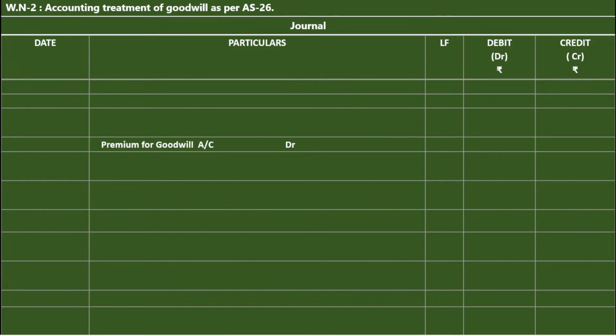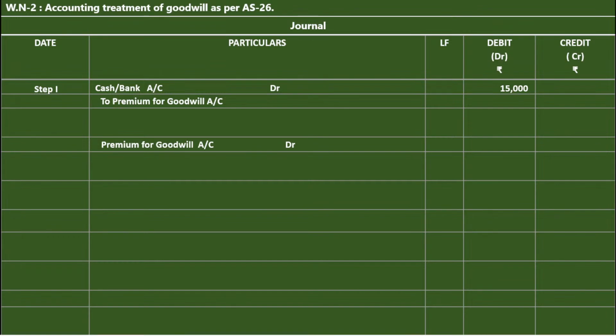Now, step number 1: cash or bank account debit, when the new partner brings the cash for goodwill, amount 15,000. To premium for goodwill account. It is a personal account, credit the giver of the benefit, which means the partnership owes this money to the old partners.